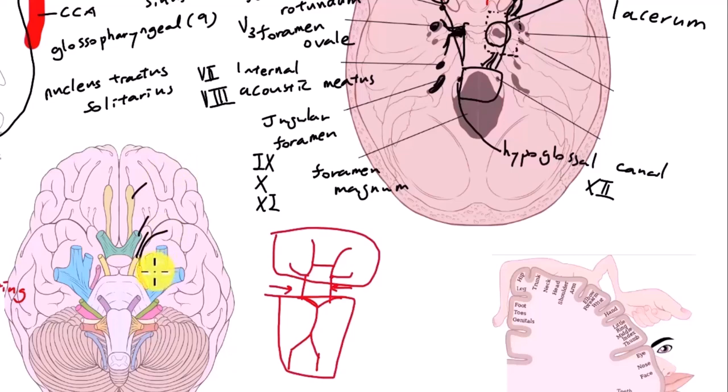Trigeminal nerve, the biggest cranial nerve, so the ophthalmic branch, maxillary branch, and mandibular branch, and it comes out at the pons.